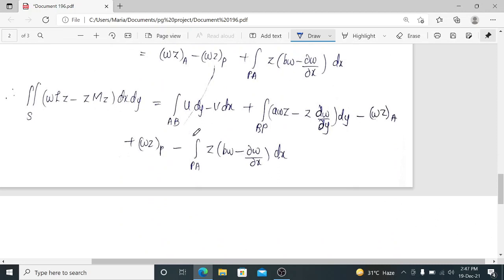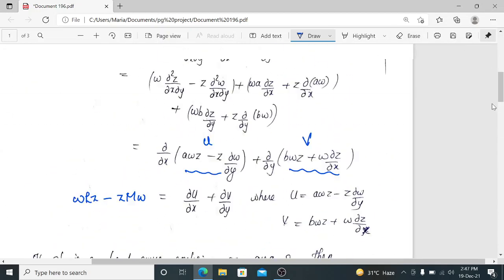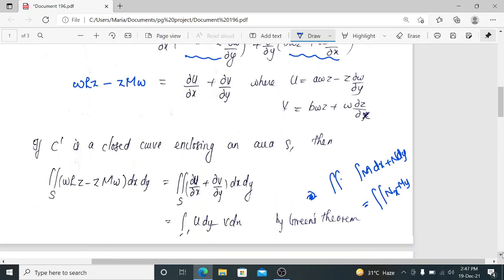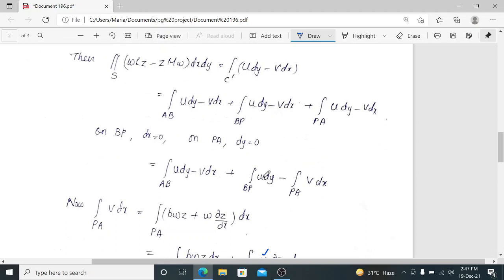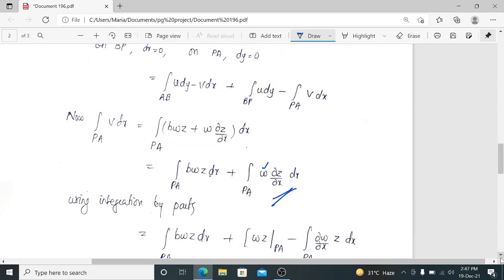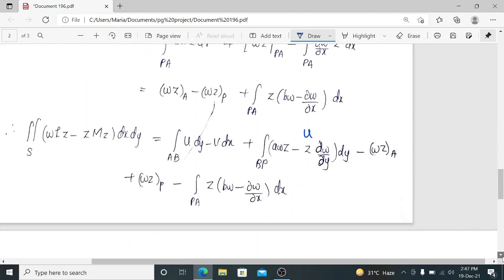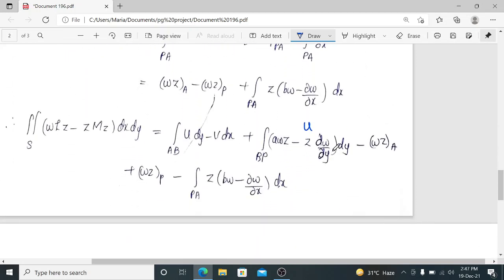So that is going to give the integral along AB u dy minus v dx, then the integral along BP. So this was the u value. We get the integral u dy. So I have replaced the value of u. So that will be awz minus z ∂w/∂y dy.